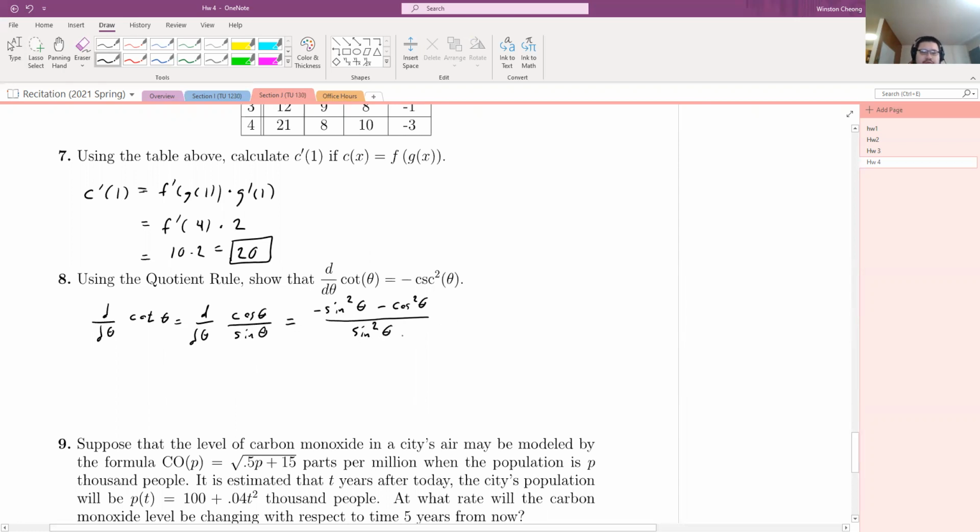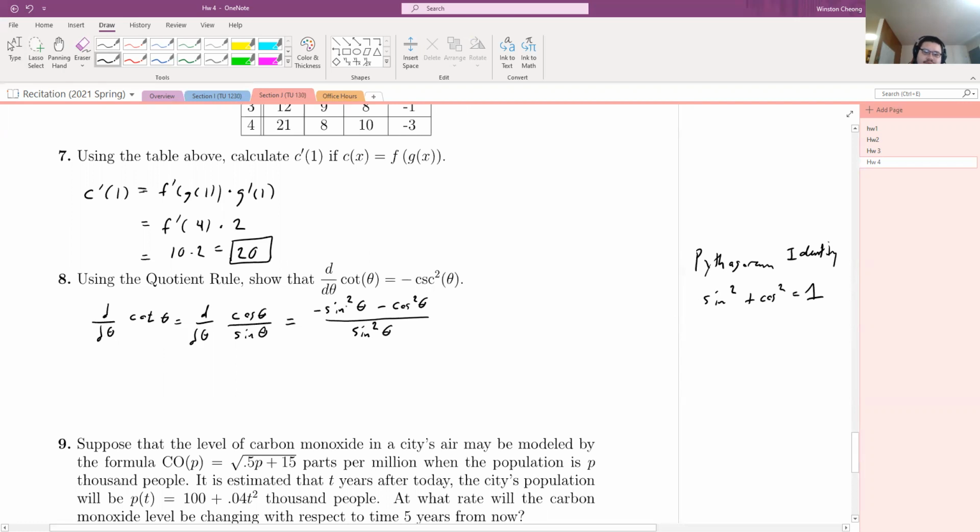Okay, and then the only way to actually connect this with cosine squared is you have to know this identity from trigonometry, the Pythagorean identity, which is that sine squared plus cosine squared is equal to 1.